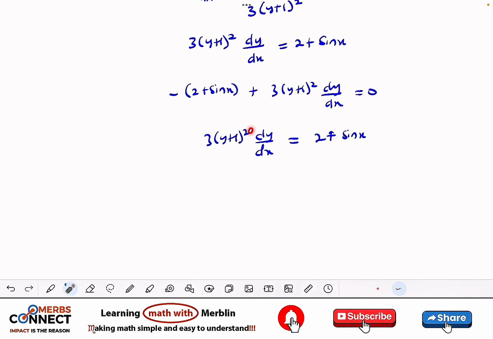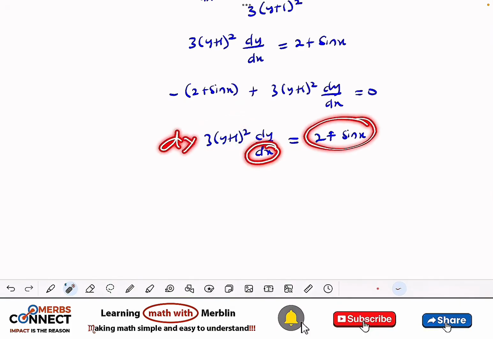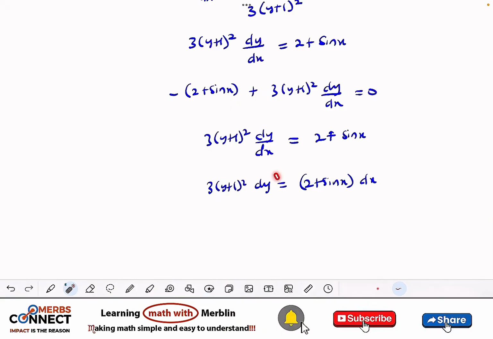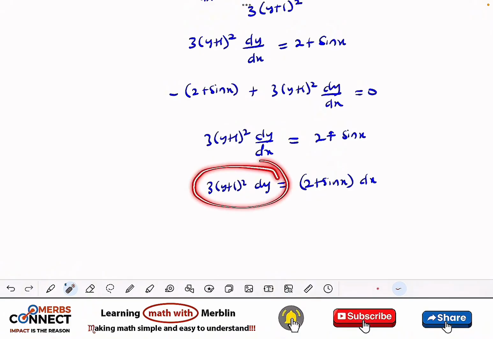Then since this is y and this is x, I need to multiply through by dx so that I have y terms going with dy, and x terms or functions going with dx. This is the separable idea of what we are talking about. This is separable because we have dy going with all y terms, and dx going with all x terms.